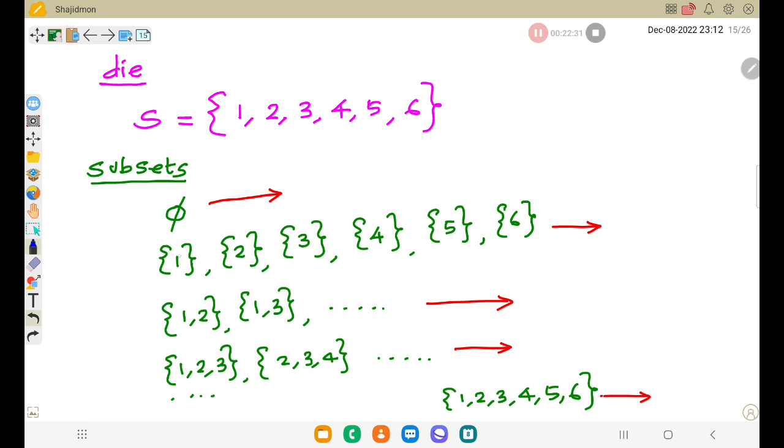Only a single outcome. For example, here, see, only one outcome, set 1. Only one outcome, set 2, set 3, set 4, set 5, set 6. These are all elementary outcomes, because we have only one outcome, correct? We can tell this is an elementary event, only one outcome.